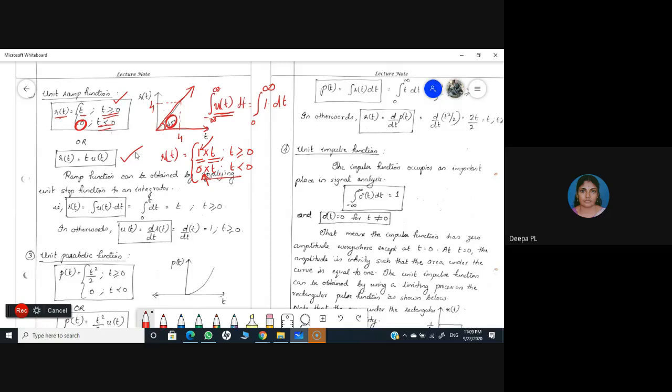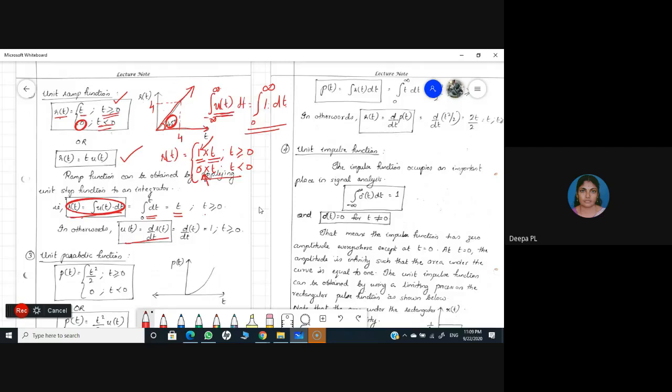So this integral changes to 0 to infinity dt, that changes to t for t greater than or equal to 0, and 0 for t less than 0. That means r of t is the integral of u of t, or in other words, u of t is equal to the differential of r of t. So this is the relation between u of t and r of t, or the unit step signal and the unit ramp signal.